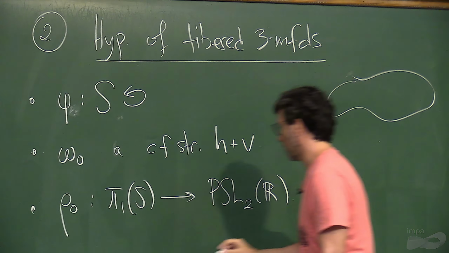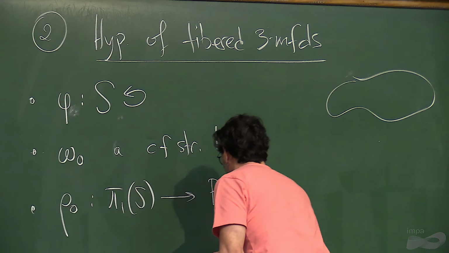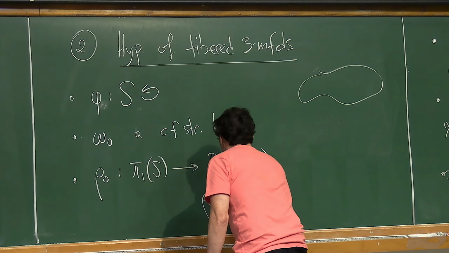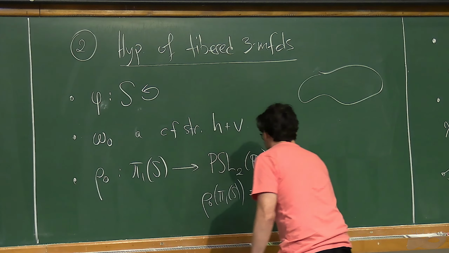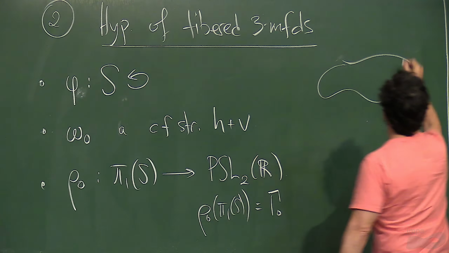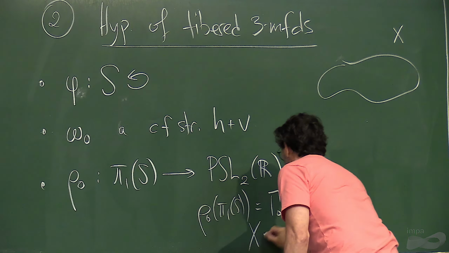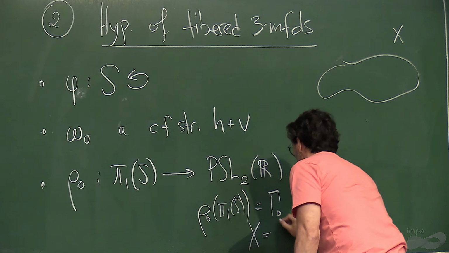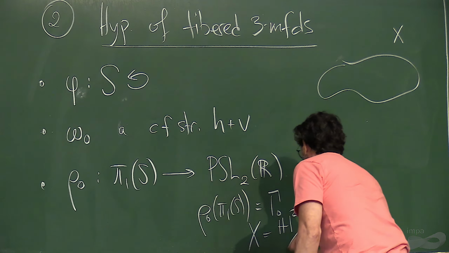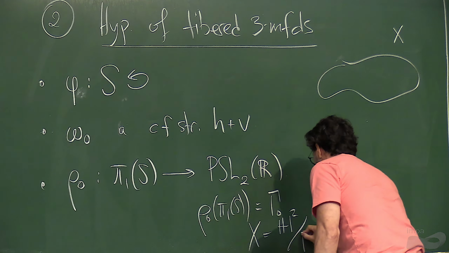Let me call rho 0 of pi 1 of S gamma 0, and X is just H2 mod gamma 0.